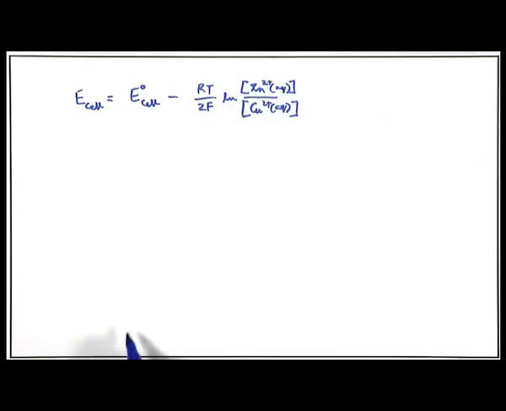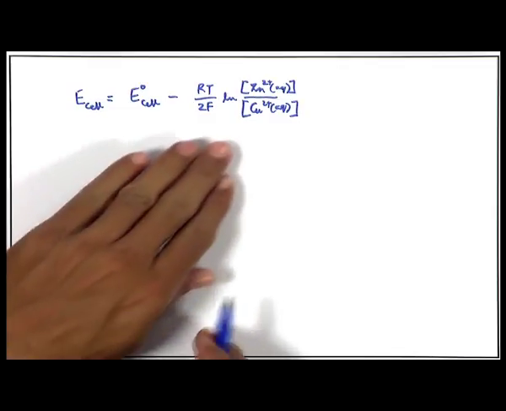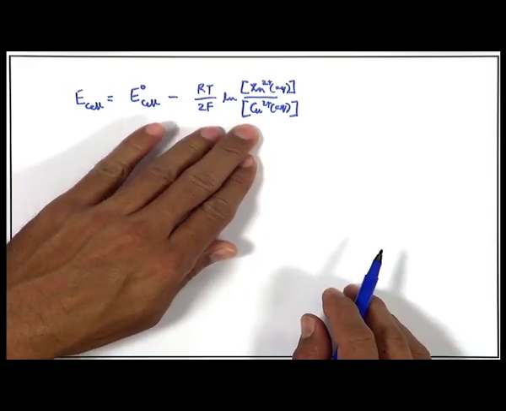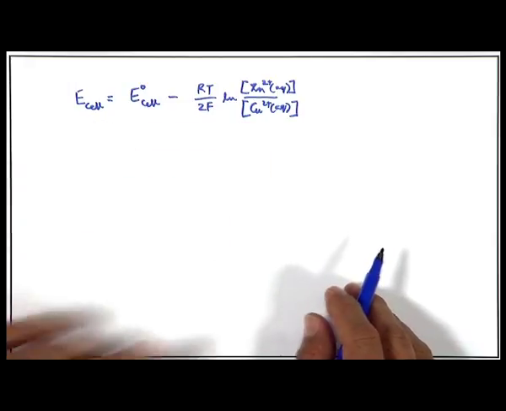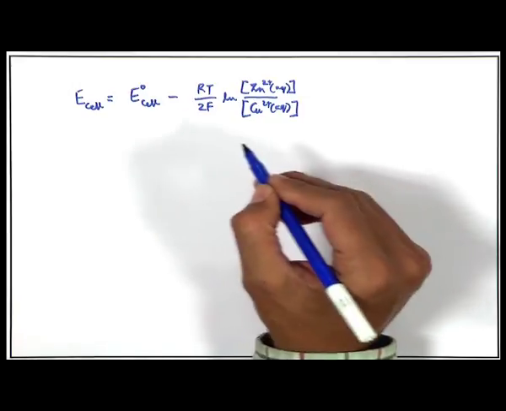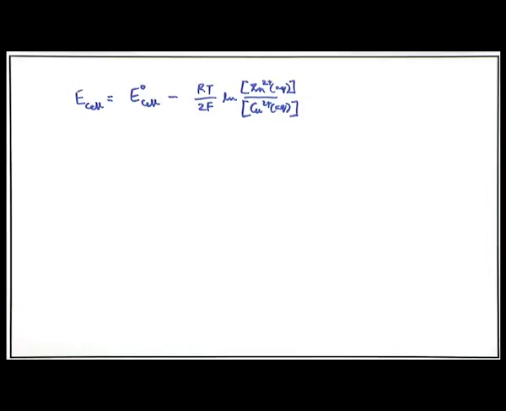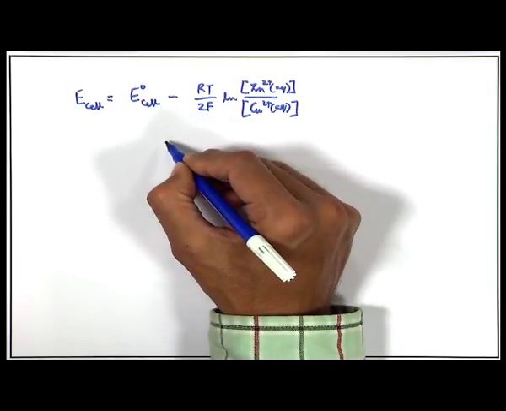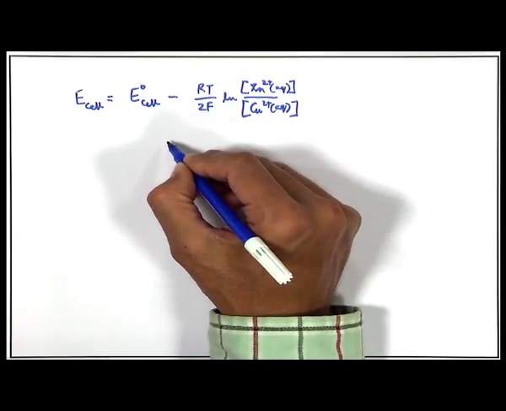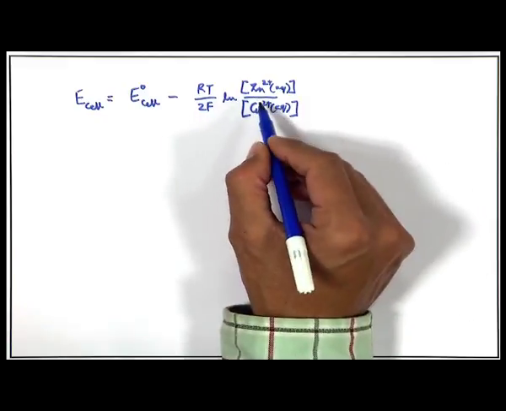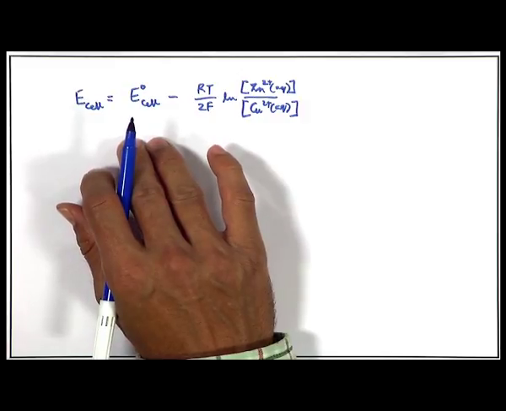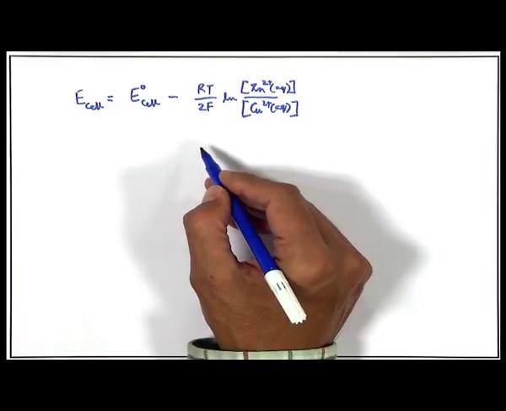So, this is the expression for E cell when you consider this Daniell cell. In the Daniell cell, the reaction on the right hand side is reduction, and on the left hand side it is oxidation. So, the net reaction is that in one electrode zinc goes to zinc 2 plus, in the other electrode copper 2 plus goes to copper 0.